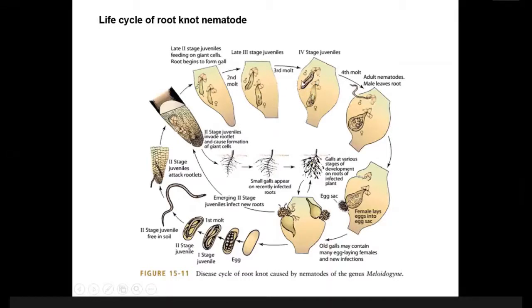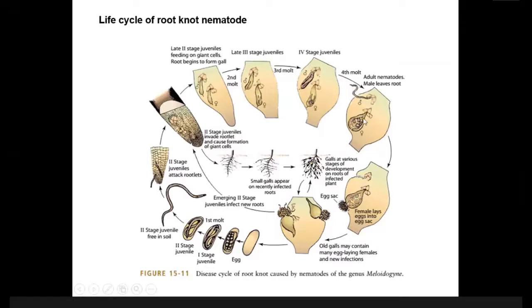After the fourth molting inside the root, you can see here this male nematode becomes thread-like or vermiform. You can see here their shape has changed. You understand? So it becomes vermiform, and after that this male nematode does not remain inside this root. They come outside the root and go to the soil, this male nematode.